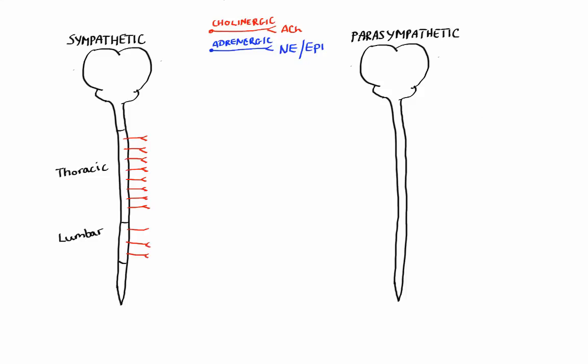And they synapse with postganglionic neurons, which are long and release norepinephrine, so they are adrenergic neurons. And for simplicity and to conserve some space, I'm going to skip drawing the sympathetic ganglion, but just keep in mind that there's this chain of synaptic connections of sympathetic neurons that lies alongside the spinal cord.